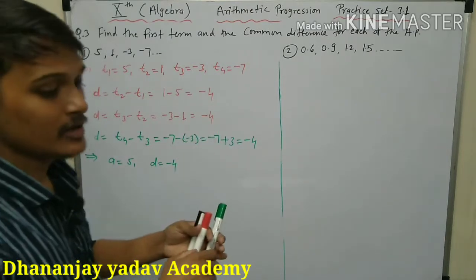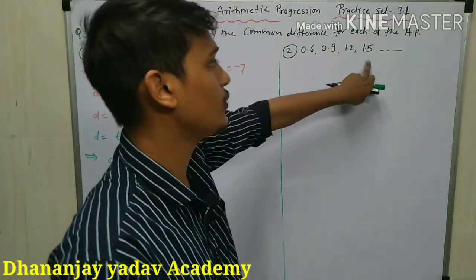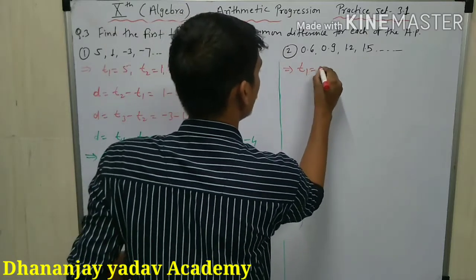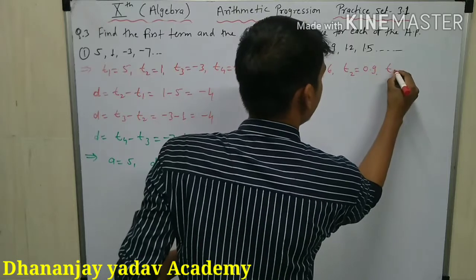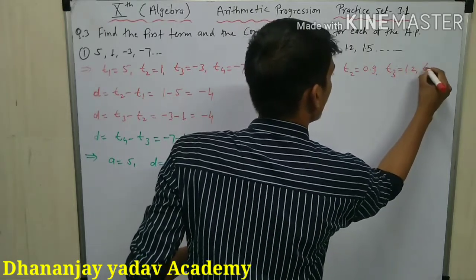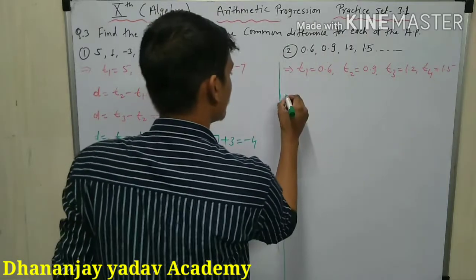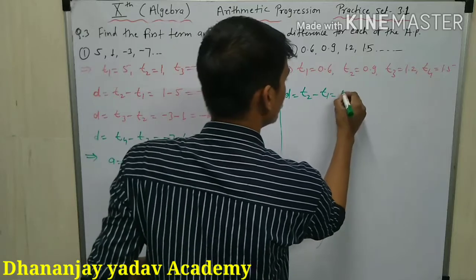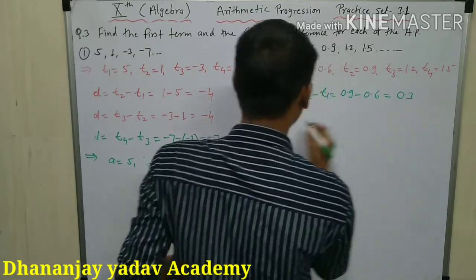Understood? Now the second question: 0.6, 0.9, 1.2 and 1.5. You can write here T1 is equal to 0.6, T2 is equal to 0.9, T3 is equal to 1.2 and T4 is equal to 1.5. You find out first D, T2 minus T1: 0.9 minus 0.6 is equal to 0.3.